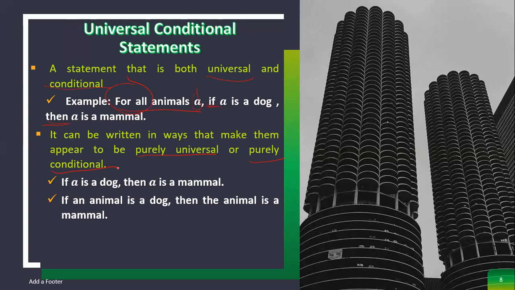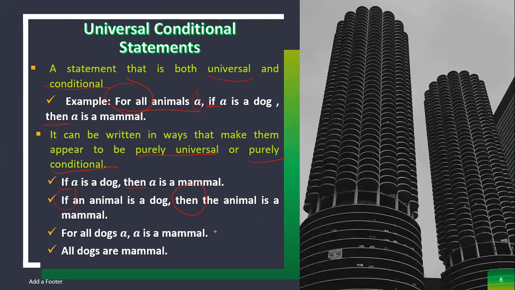Remember that if you can see if and then there, that is a conditional statement. Even this statement is purely conditional because of the words if and then. We can also rewrite it this way: for all dogs A, A is a mammal. For all dogs are mammals.